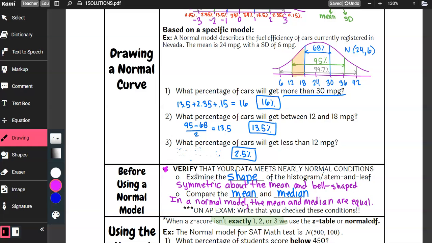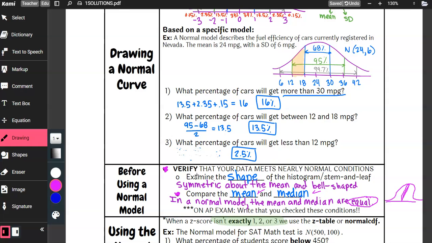Check if it's symmetric about the mean and bell-shaped. Compare the mean and the median. In a normal model, the mean and median are equal. So right in the middle, you'll have the mean and the median.